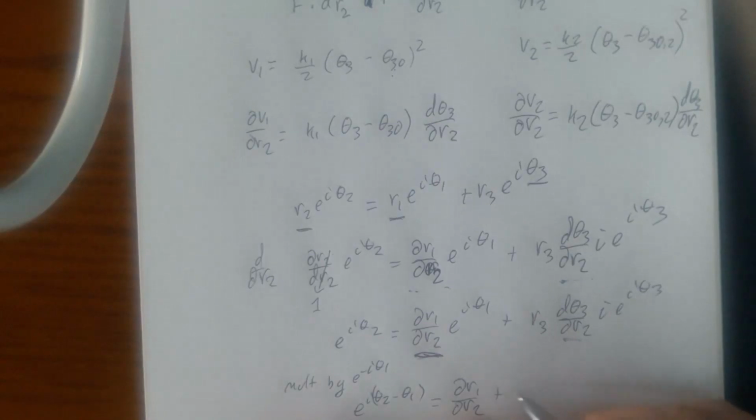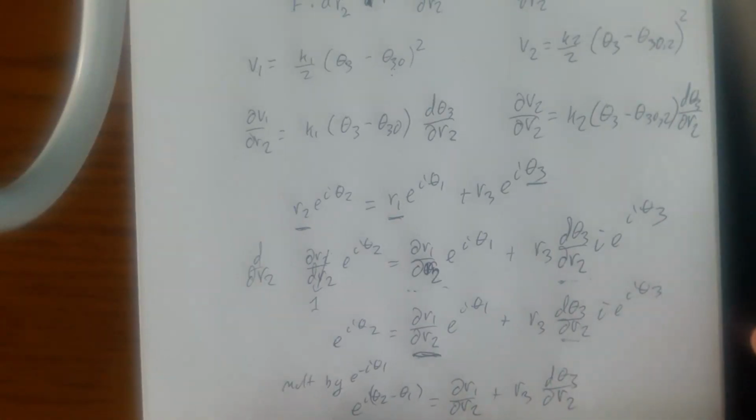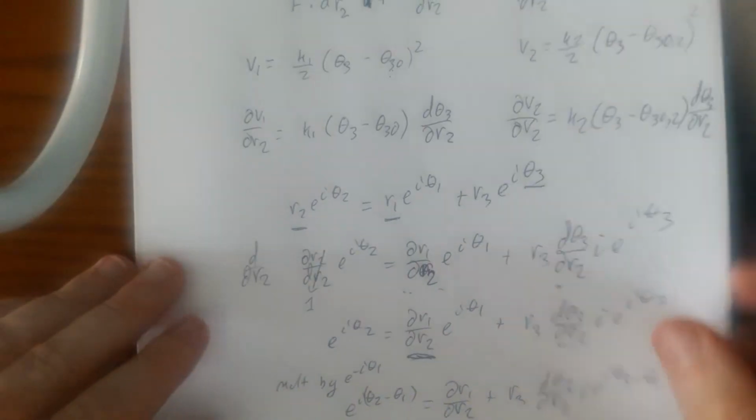And so we'll get e to the I theta 2 minus theta 1 equals dr1 dr2 plus r3 d theta 3 dr2 and then I e to the I theta 3 minus theta 1.